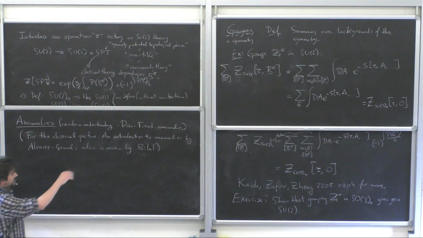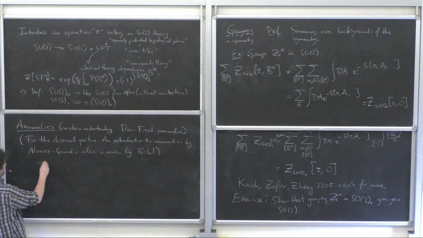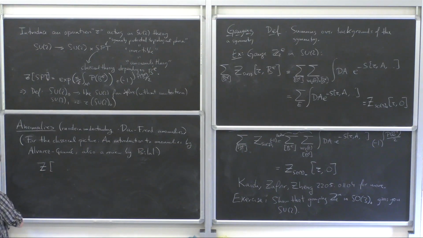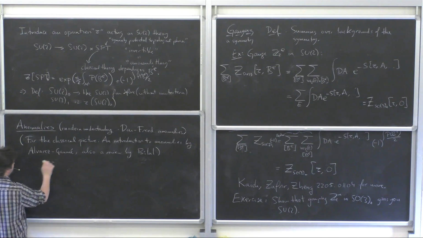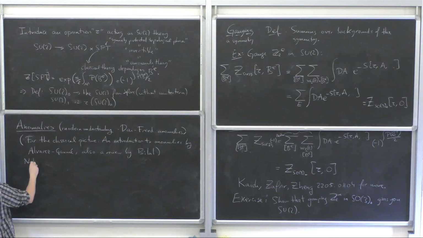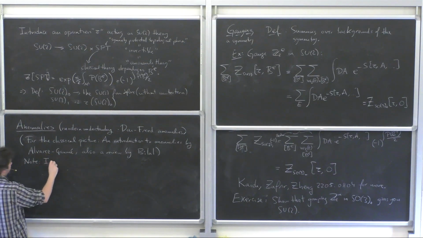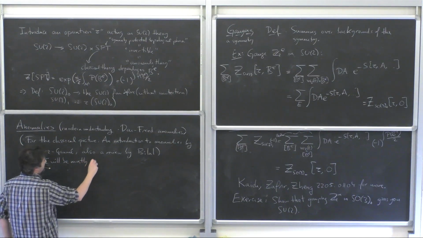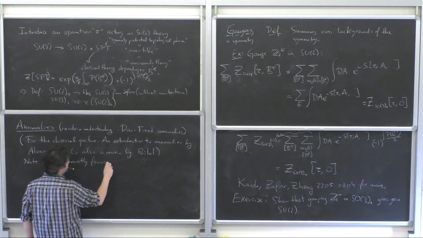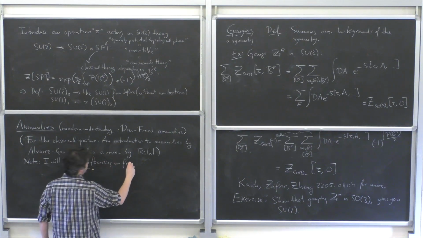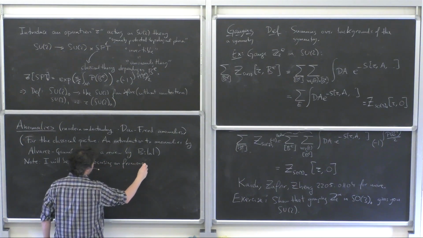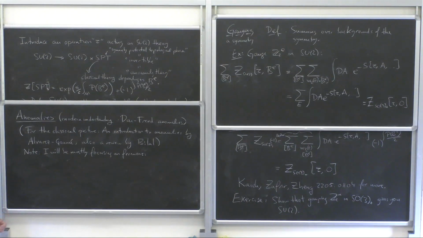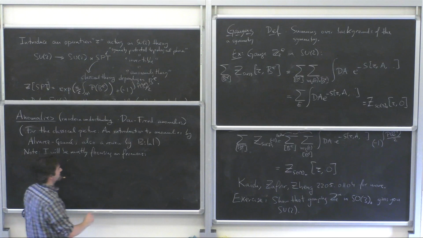So let's think of it in this way. Let's say that we have a partition function, and one thing I should say, we'll be mostly focusing on fermions. This is because these are typically the most important sort of anomalies, but of course there are others.